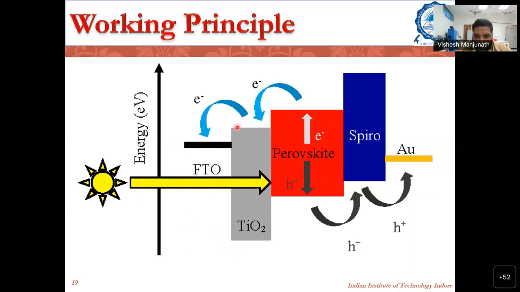So it's a wide bandgap N-type semiconductor. Then we have a perovskite layer, which is a light harvester. It is using the light to create electron hole pairs. Then we have a supporting spiro-OMeTAD layer, which acts as a solid electrolyte, and we have a counter electrode.